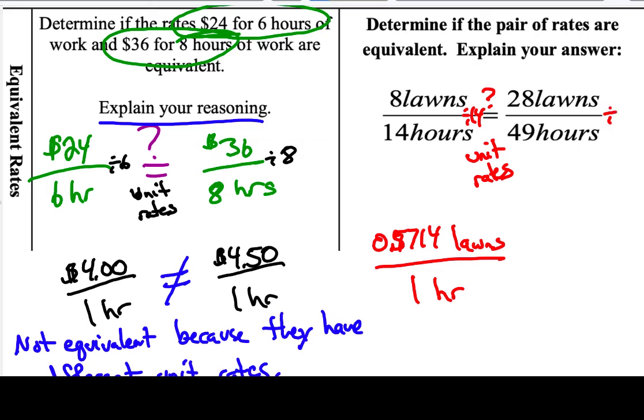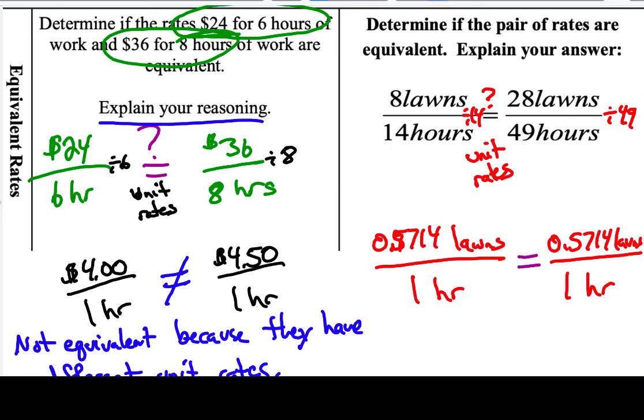I'm going to divide by my denominator. I'm going to divide by 49. So my denominator becomes a 1. 28 divided by 49 is 0.5714 lawns per 1 hour. I got the exact same decimal. It was an ugly decimal, but I got the same decimal.